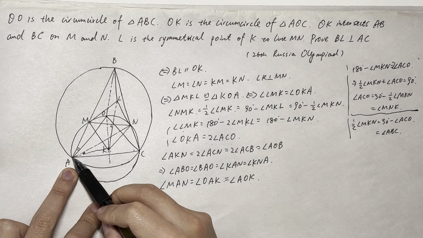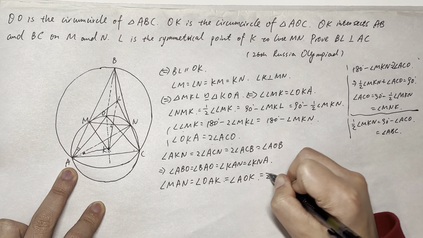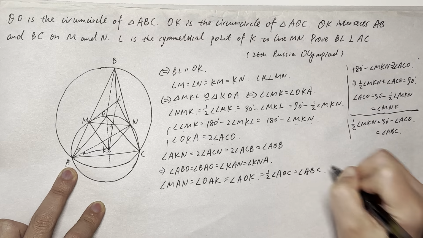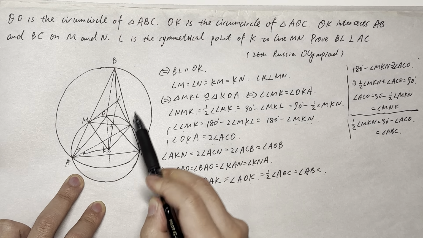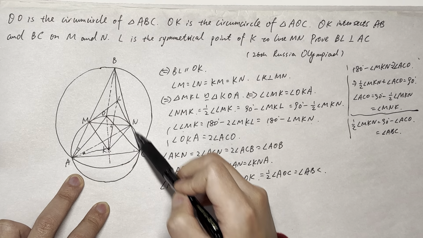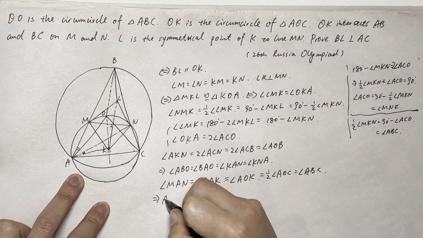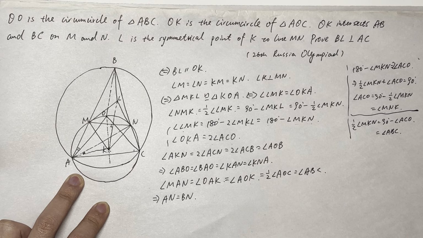And angle AOK equals half of angle AOC, which equals angle ABC. Which means angle MAN equals angle ABC or ABN. Which means AN equals BN. Right?